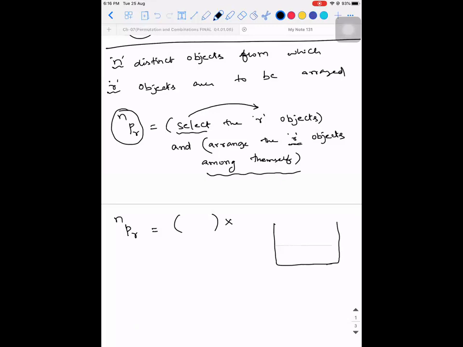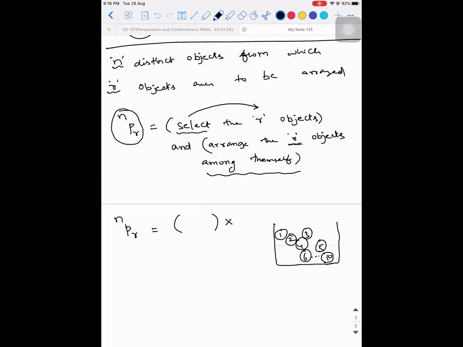Yes. So imagine there is a lot, and there are balls numbered 1, 2, 3, 4, 5. Like this, you say you have n objects. Or else I will put 10 objects, 10 different balls.